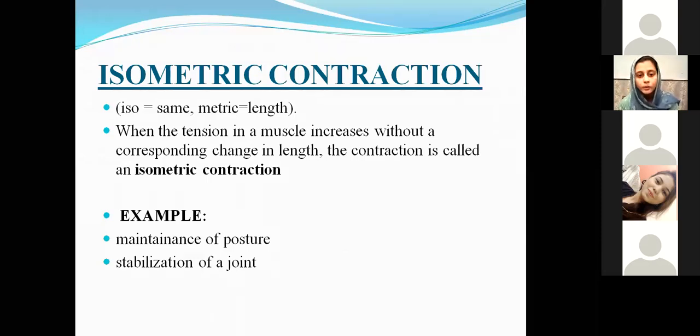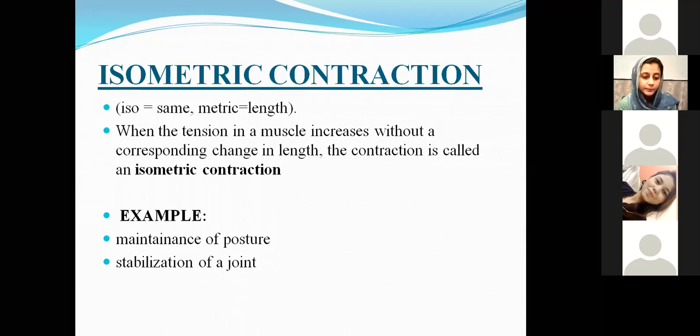So when you increase the muscle force, but the fiber's length does not change, this type of contraction is called isometric contraction. As the name suggests, iso means same और metric means length. जो length है of the muscle fiber वो same रहती है, even after increasing the amount of the force to the muscle. So this is the first type of the contraction.